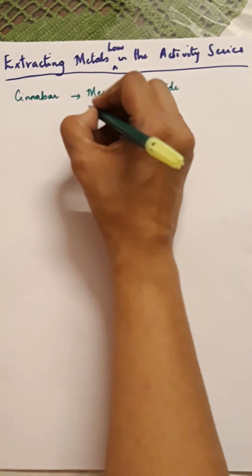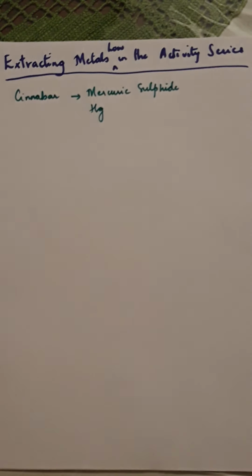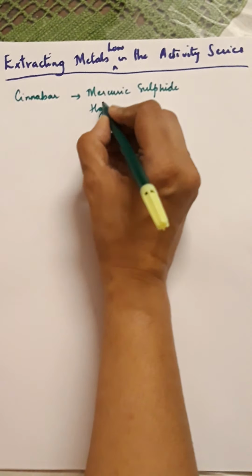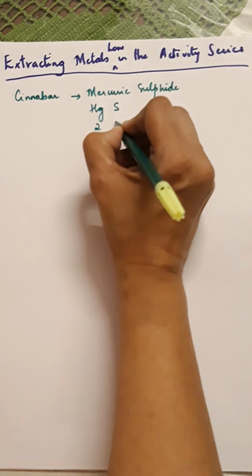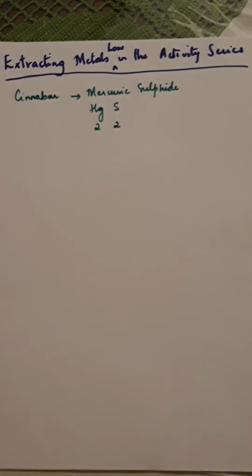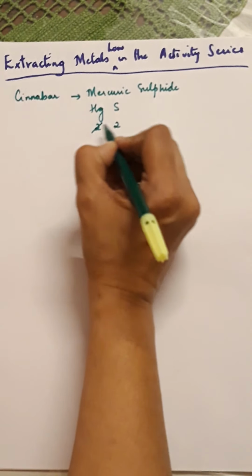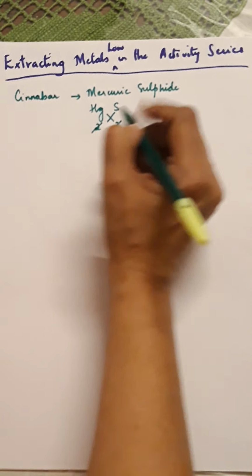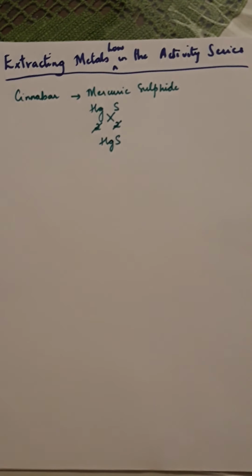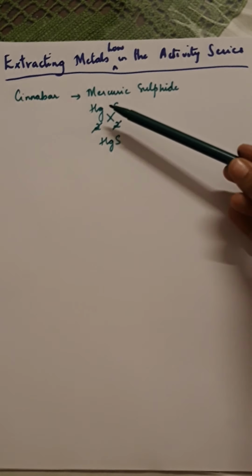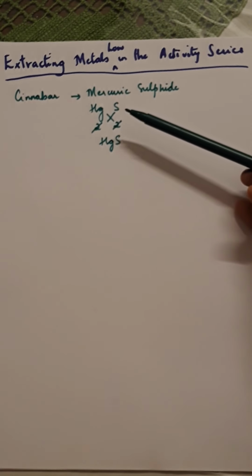Mercuric is Hg, it comes from mercury. Valency of mercuric is 2, sulphide is S, valency is 2. When you cancel the 2s, you get HgS. So mercuric sulphide, cinnabar, is nothing but HgS.